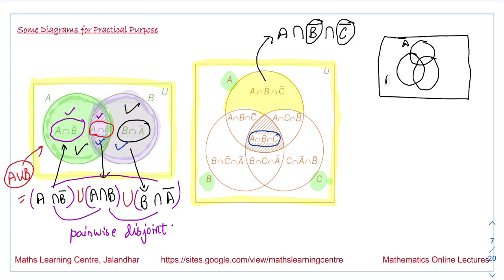This is A, this is B, and this is C. When I am talking about B complement, this yellow colored region is the region outside B. When I am talking about C complement, this is the region outside C.